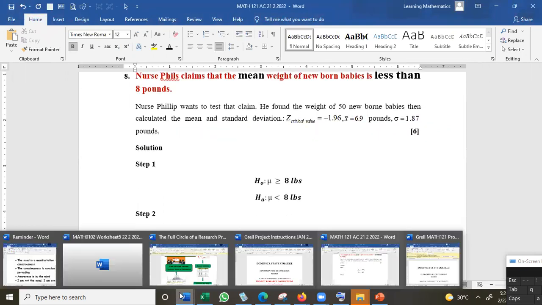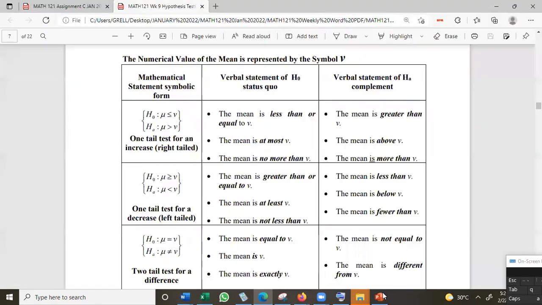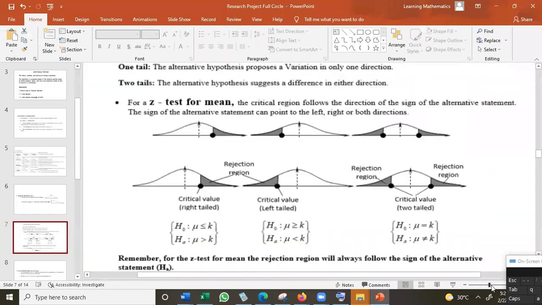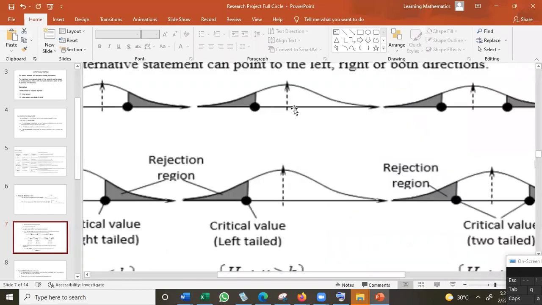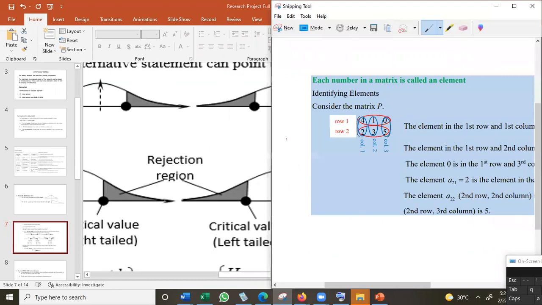So let's go to week 9. I can easily do that. Normal curve with left tail. Let me just grab this one there and snip it out without further ado.